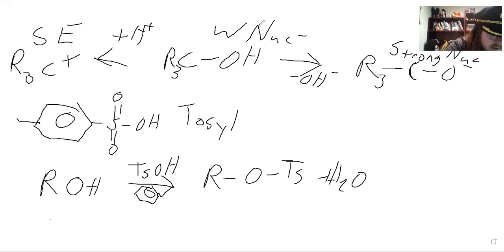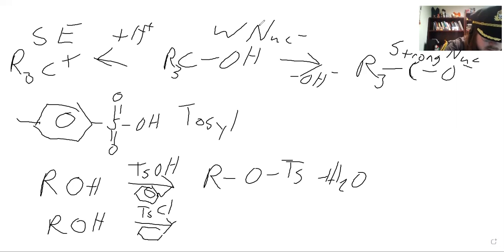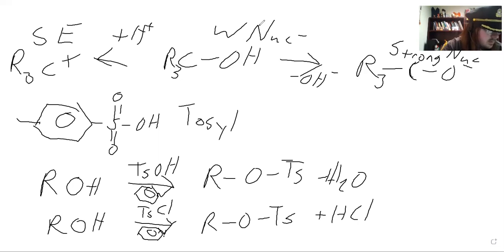Or alternatively, instead of a tosyl acid, we could have a tosyl chloride in the same settings, and we'll still produce a tosyl group. And instead of water, you'd have HCl as a byproduct. So now we have a good leaving group that we can easily kick off.